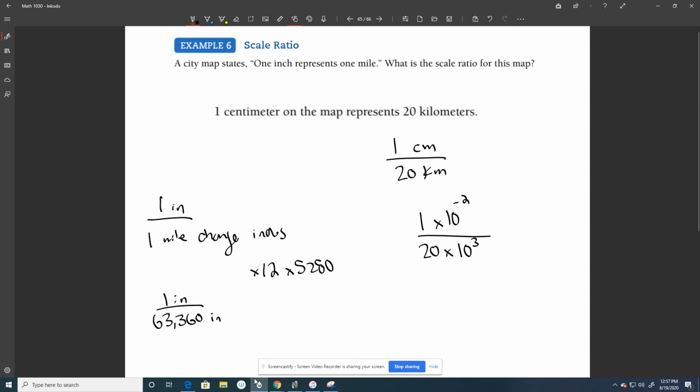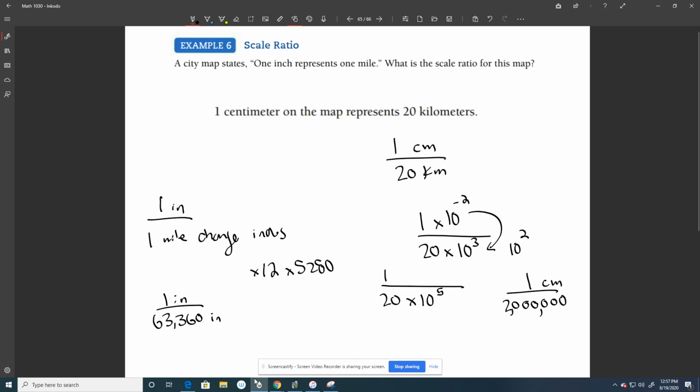Now I just have to simplify. 1 over 20 is still just 1 over 20. But this 10 to the negative 2, I want to move to the bottom and change it to 10 to the positive 2. So then I have 10 to the 3rd and another 10 squared, which means I have 10 to the 5th power. So when I rewrite this out into actual numbers, this becomes 1 on top, and 20 times 10 to the 5th is just 20 with 5 zeros.